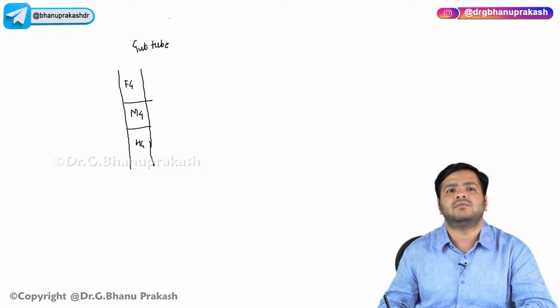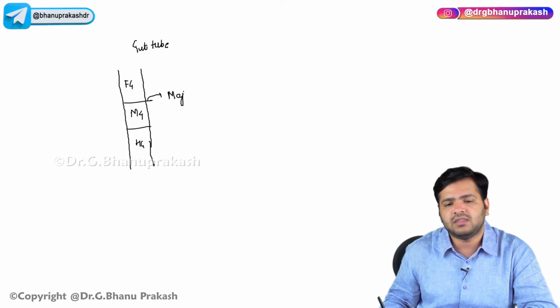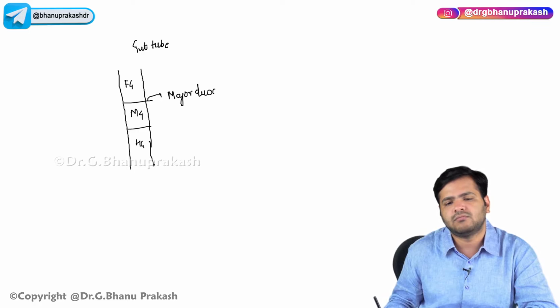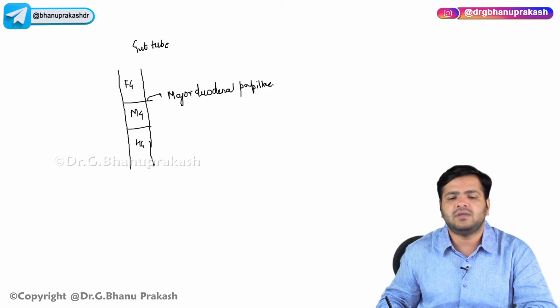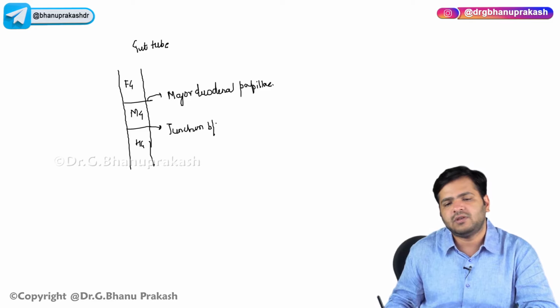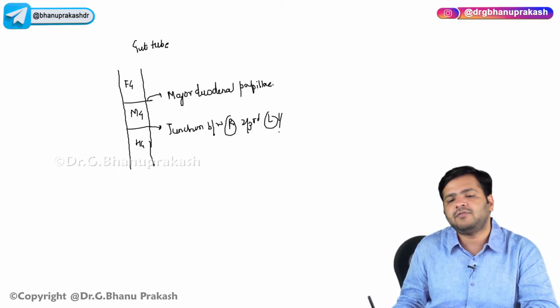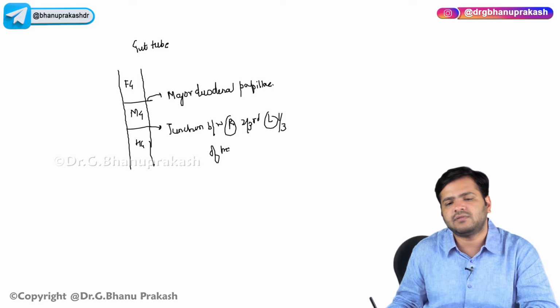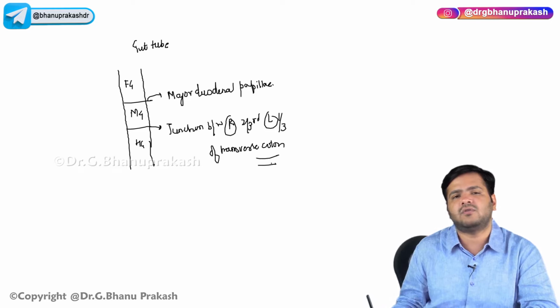The junction between the foregut and the midgut is the major duodenal papilla. And the junction between the midgut and the hindgut is the junction between the right 2/3 and left 1/3 of the transverse colon.